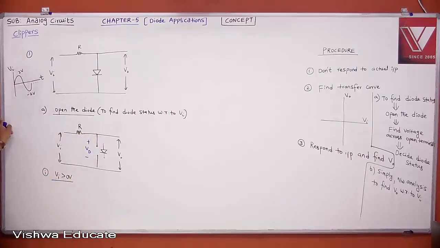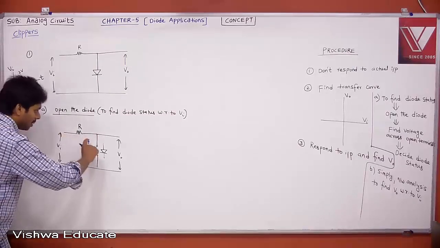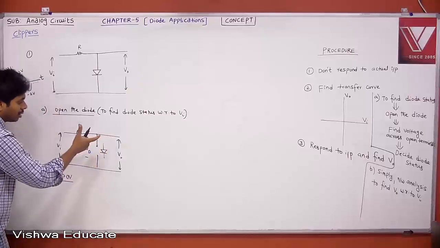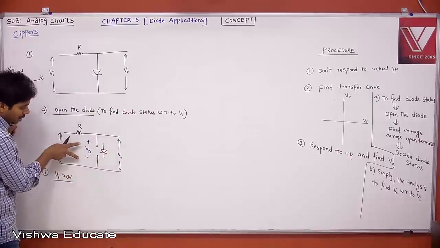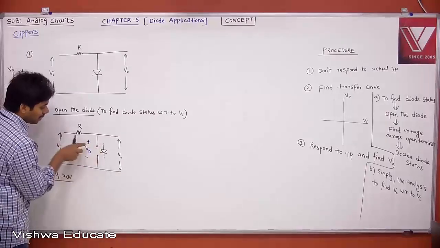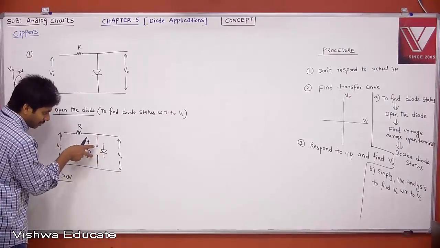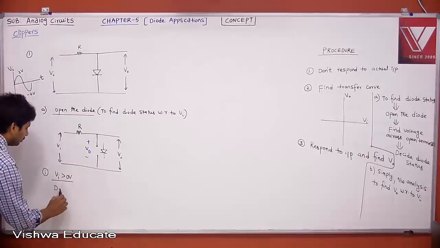Let me take an ideal diode, approximation 1. Because the same plus and minus is coming, when you open the diode, it is seeing positive when Vi is greater than 0. Then when Vd is positive and you connect it, it is in forward bias. Therefore, your diode is on.